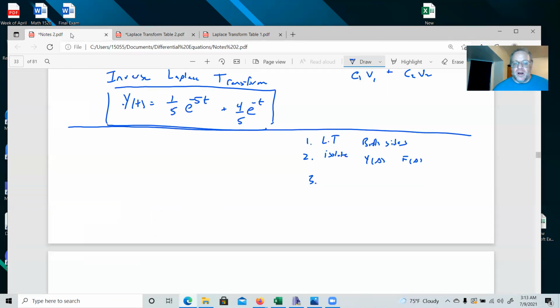I'm going to write it down as the partial fraction step, but it won't always be a partial fraction. We turn it into table forms. And then fourth, we're going to take the inverse Laplace transform and then present your answer. Okay, so it really is that.